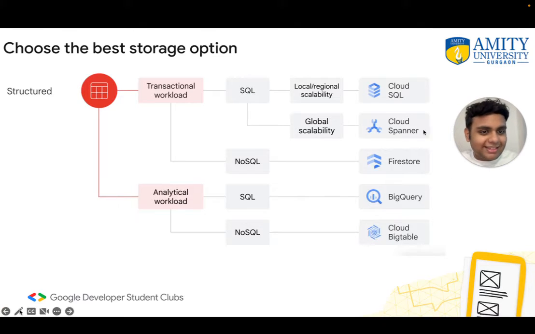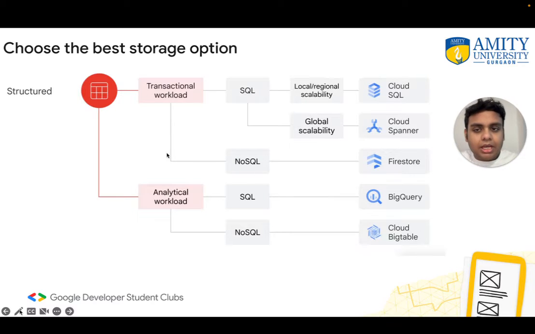That's global scalability. Now if you have local or regional scalability, you can go for Cloud SQL. If you have global scalability, you can go for Cloud Spanner. It really depends.